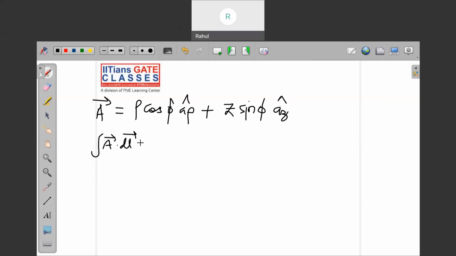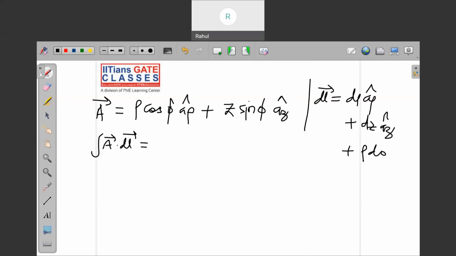A dot dl can be computed like this, and dl I have already told you: dl will be equal to d rho a rho cap plus dz a z cap, or you can say also rho d phi a phi cap.